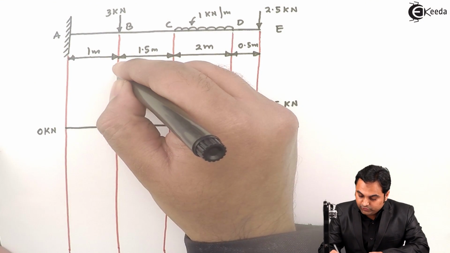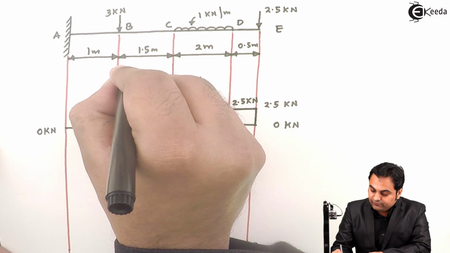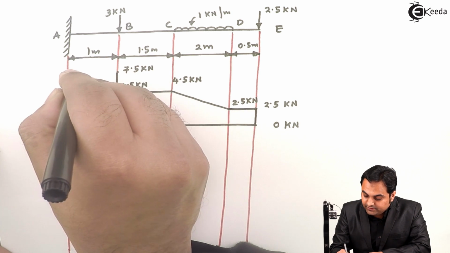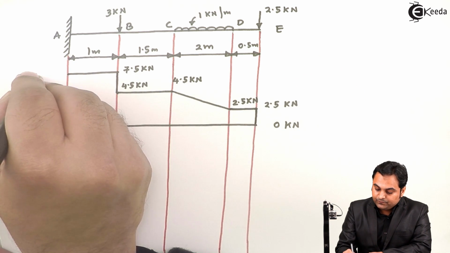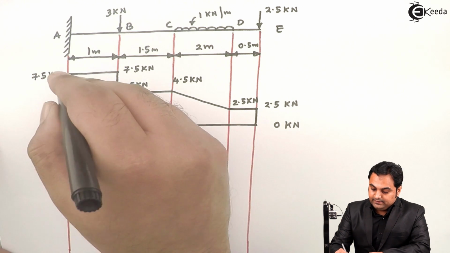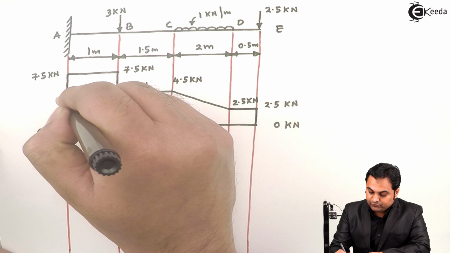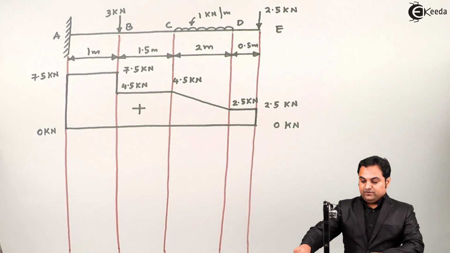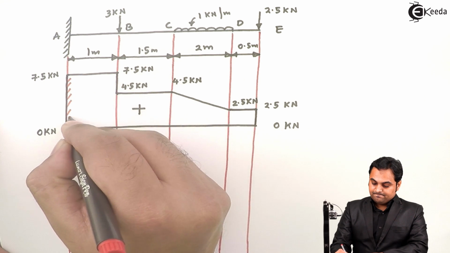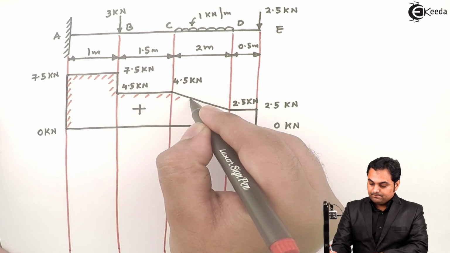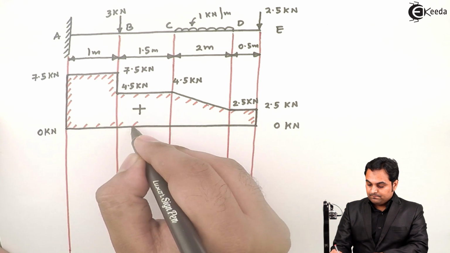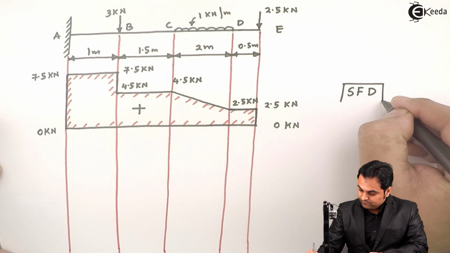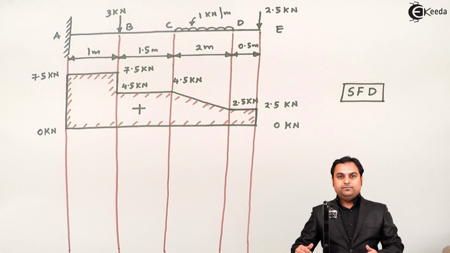So from 4.5 it will go on increasing and reach a value of 7.5 kilonewton, and then at A also it will remain constant as there is no shear force from B to A. So it is 7.5 kilonewton, and after that it will return up to 0 because there are no forces to the left of A. Here this diagram is positive because it is above the line. So this is the shear force diagram, and here we complete step number 2.